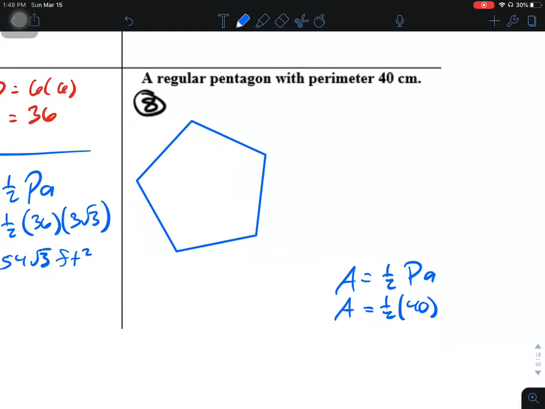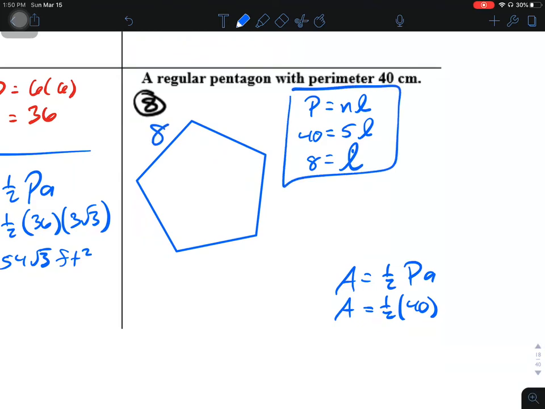If the perimeter is 40, and there are 5 sides, if I take 5 into 40, it's going to go 8 times. I'll show you the work for that. Perimeter is the number of sides times the length of a side. Perimeter is 40. The number of sides is 5. It's going to make the length of a side 8.